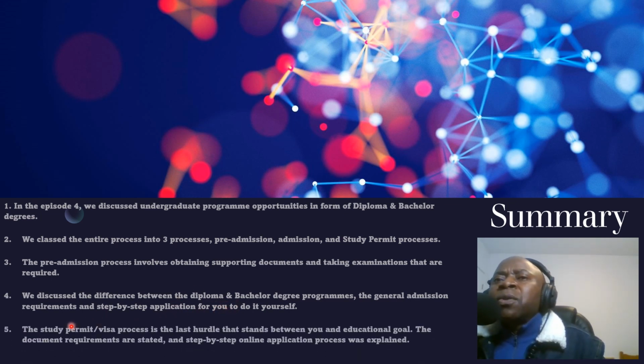Then we also looked at the study permit visa, which is the last hurdle that stands between you and your educational goal. Having admission in a country does not guarantee that you are going to have a study permit. So these are 2 different processes. We stated the documents required, and a step-by-step online application process was explained.